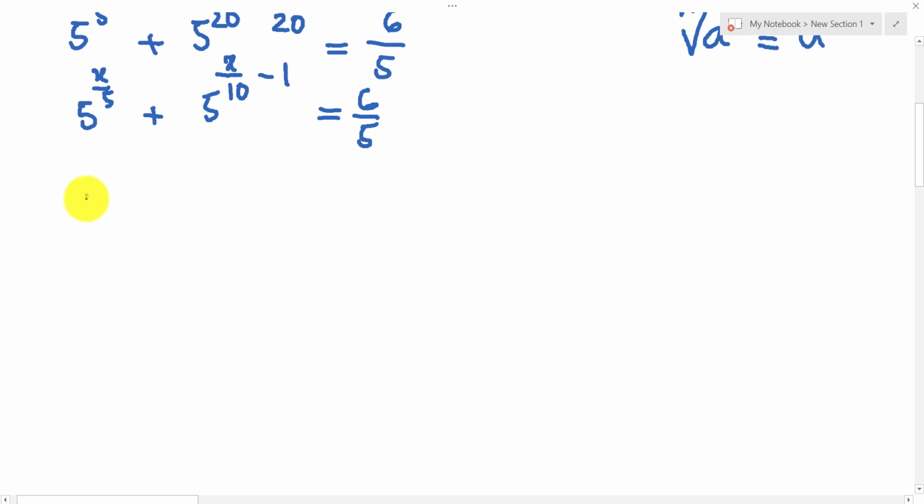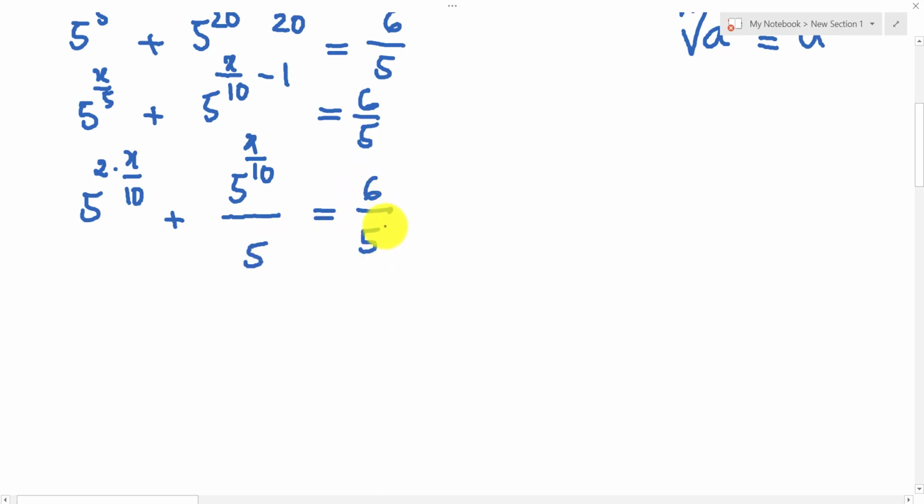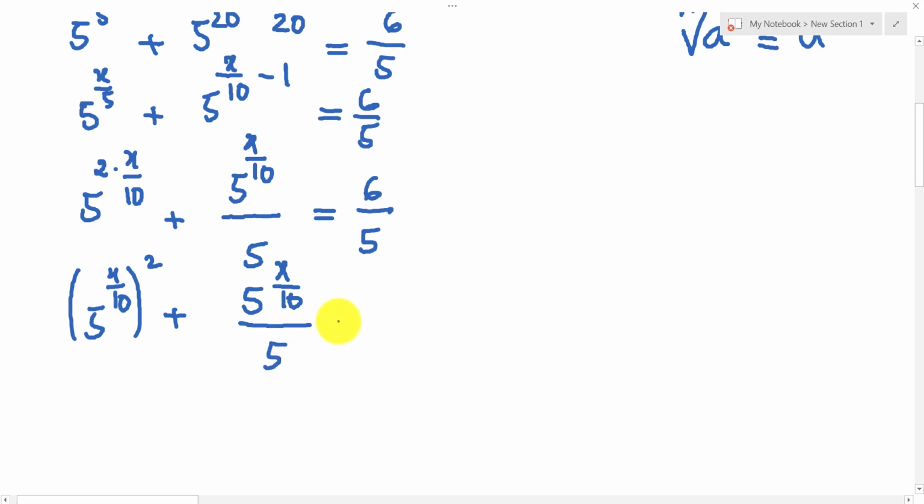And then I can write 5 power 2 times x over 10 plus 5 power x over 10 divided by 5 equal 6 over 5. And I can write 5 power x over 10, all squared, plus 5 power x over 10, all over 5, equal 6 over 5.